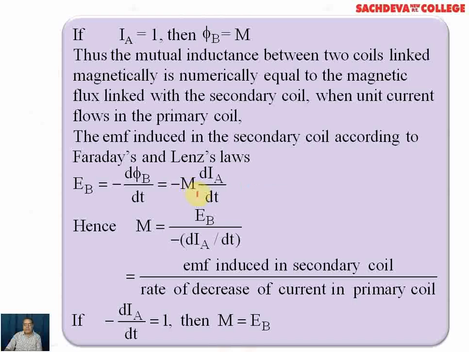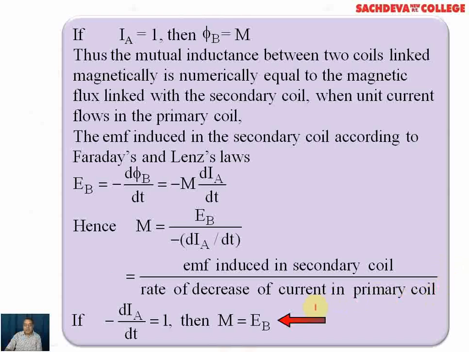Now, we can estimate the value of the mutual inductance using the formula M = E_B over minus dI_A by dt. This can be stated as the EMF induced in the secondary divided by the rate of decrease of current in the primary. The negative sign we can remove by taking the modulus. Wherever calculations are to be made, we take the modulus of the number.